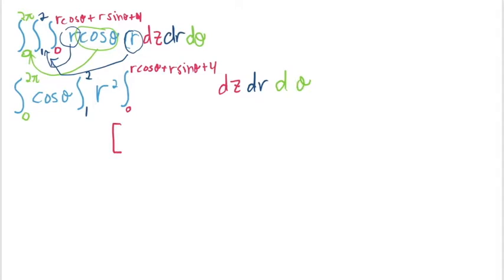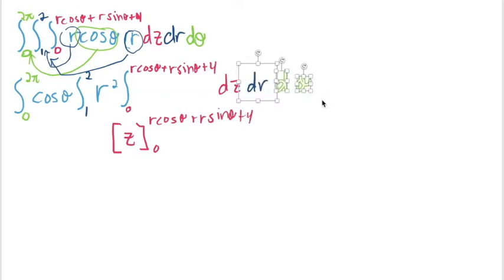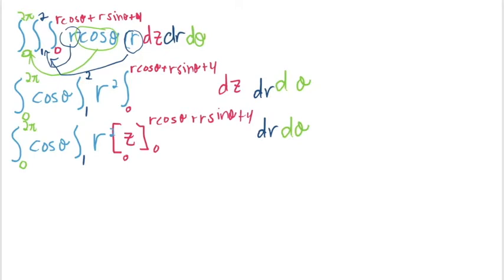We integrate this in terms of dz, because we got to work our way out. It's just going to be z. And that's going to be from 0 to r cosine theta plus r sine theta plus 4. All right, so now that we have that, we know z is going to evaluate to be r cosine theta plus r sine theta plus 4, and that's going to be minus 0.